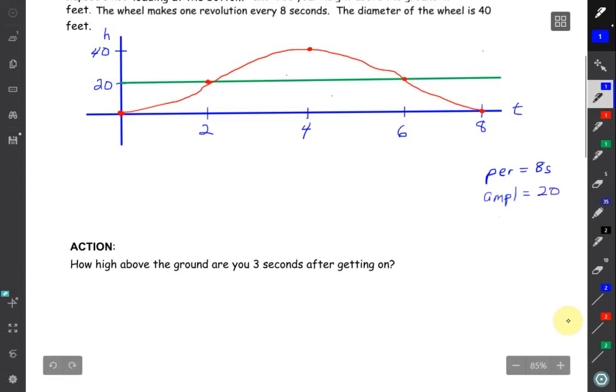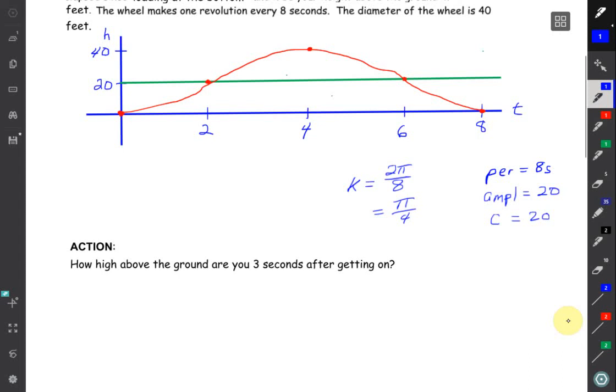The axis, which is the C value, is 20. Our K value is equal to 2 pi divided by the period, which is 8. And remember, we're going to do these in terms of radians. Reducing that, we get pi by 4 is our K value. And again, there's no phase shift, so we don't have to worry about the D in this case.